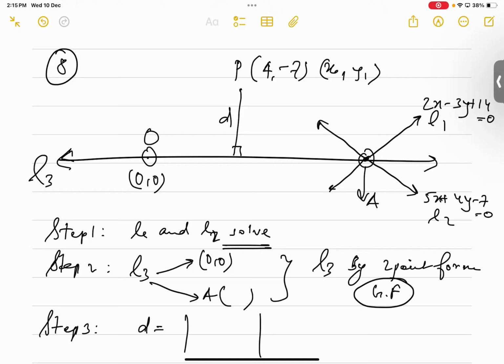Copy these steps. Have you copied the steps? Question number 8, is it difficult till now?